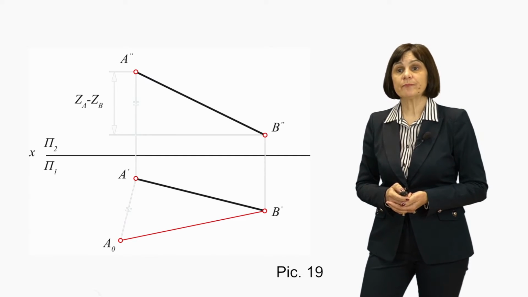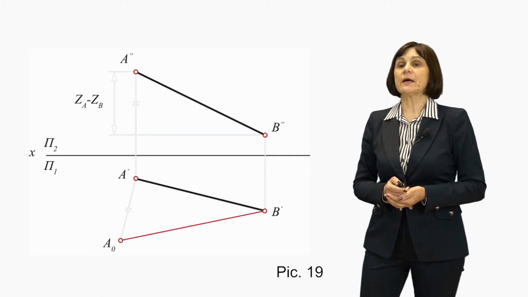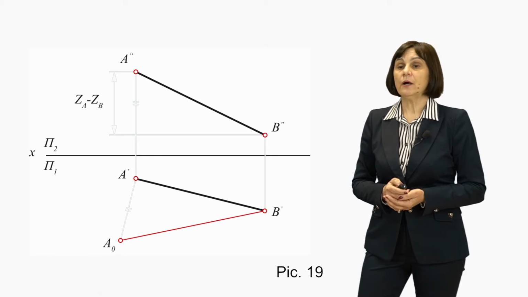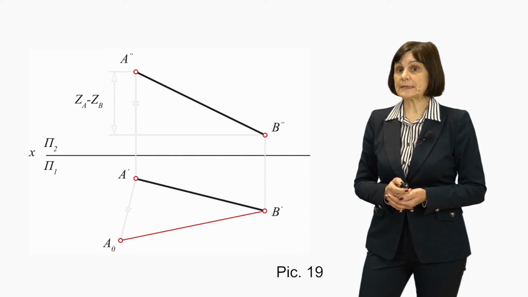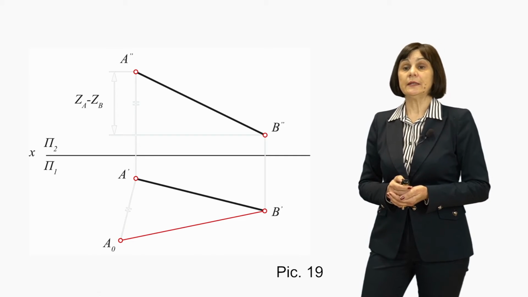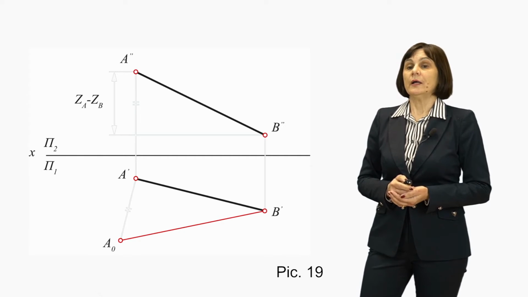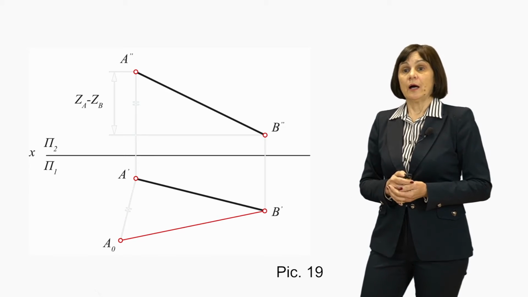One side of this triangle, AB, is the projection of the segment AB on the horizontal plane. The second side, perpendicular to this one, A0, is equal to some difference.